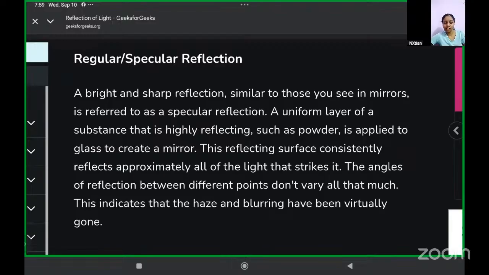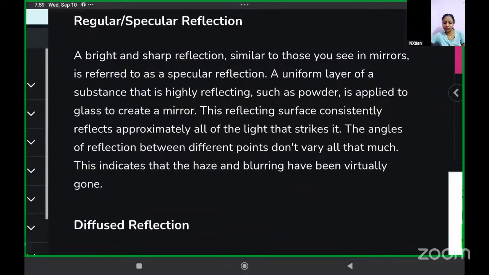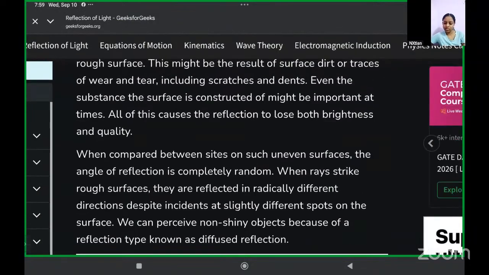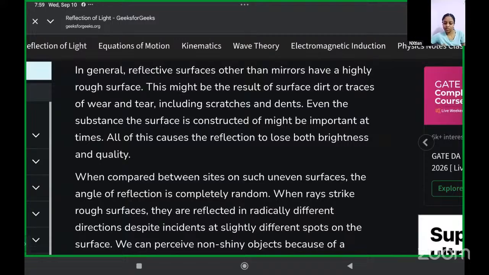So, ma'am, for each of those ways, do the scientists have a method to calculate them? Because it can be caused by dirt, by dust, or even if the mirror is spoiled or broken.